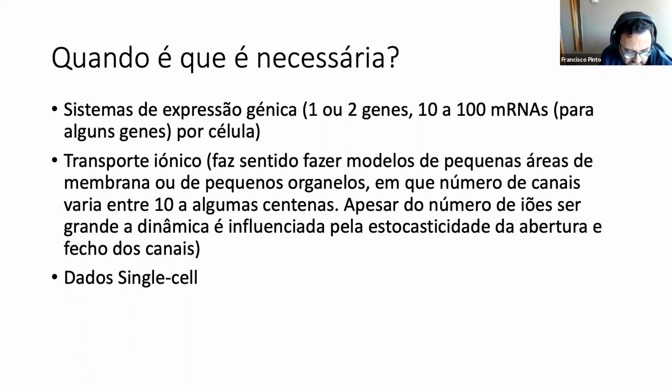So nowadays we can perform transcriptomic experiments that allow you to measure in each individual cell the amount of RNA that is expressed for a set of genes. So you have data that correspond to a single cell. And if we are studying single cells, then we are going to observe extrinsic sources of noise.